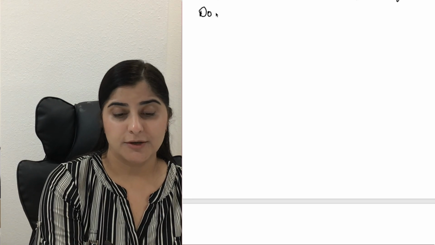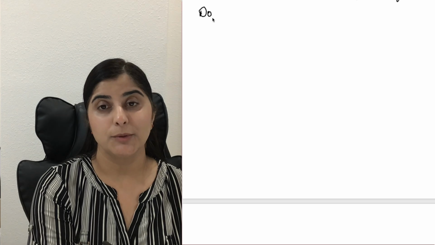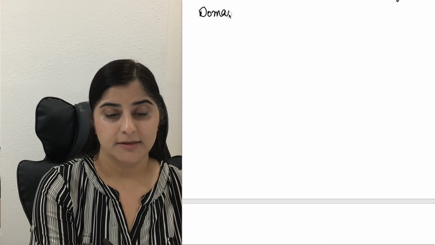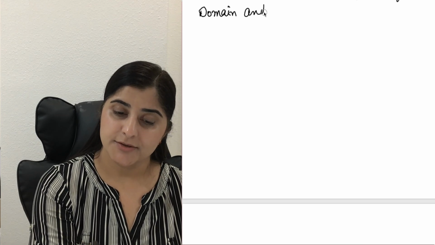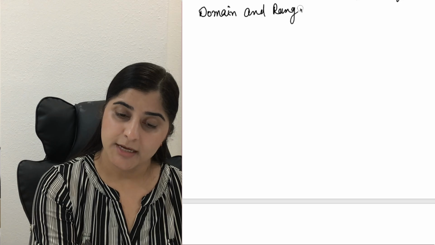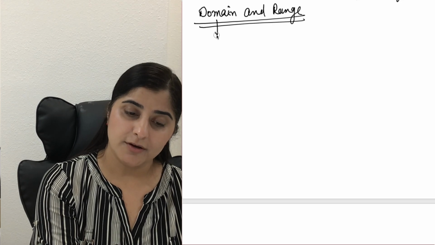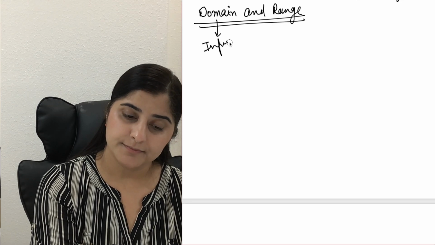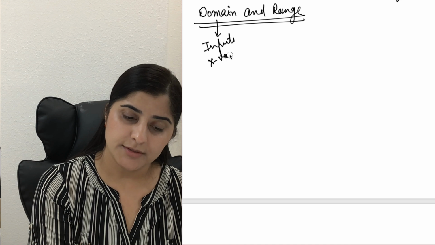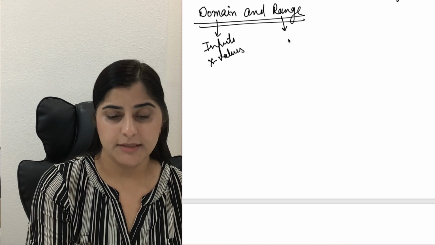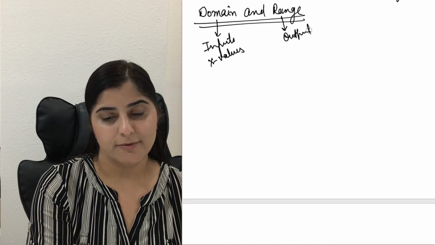The next one is the domain and range of the function by looking at the graph. We know that domain is all the inputs or x values, and the range is the outputs or the y values.